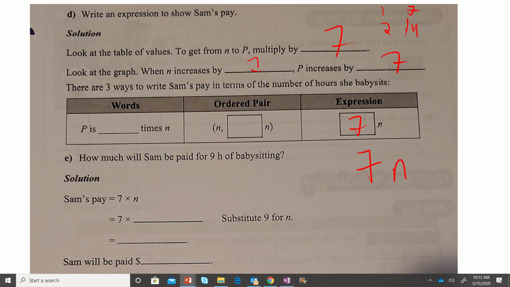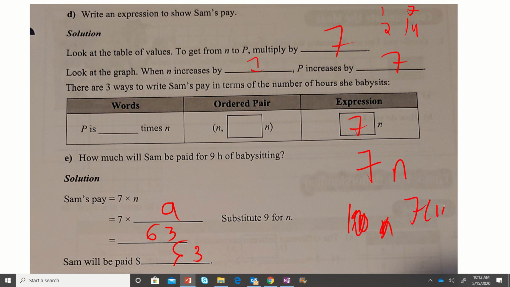So here, how much will Sam be paid for 9 hours of babysitting? Well, I can take 7 times n, or 7n, and I'm going to substitute n for 9. And I'm going to get 9 times 7 is 63. So she gets $63.